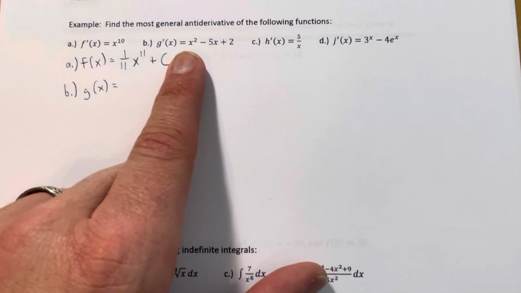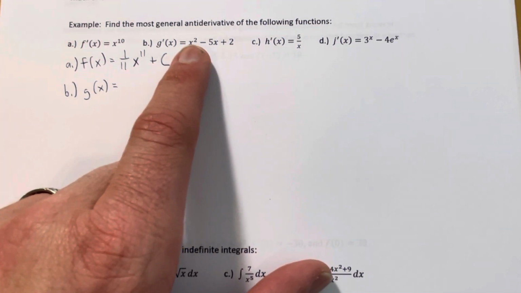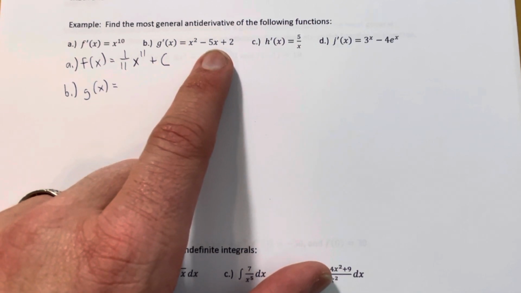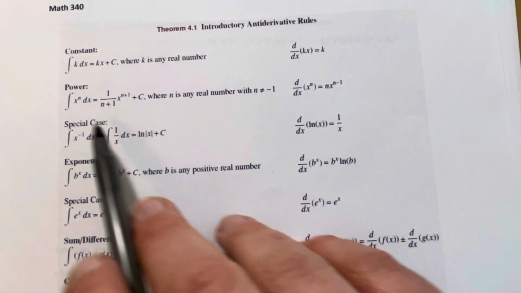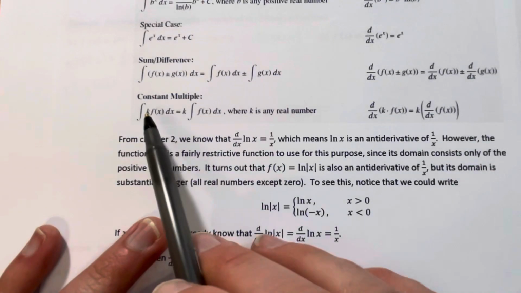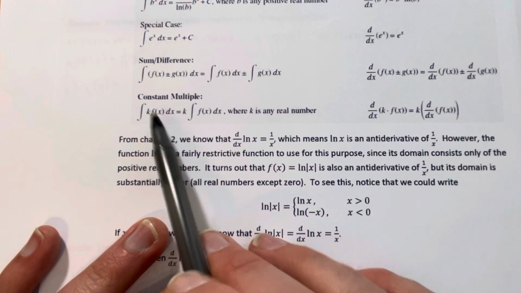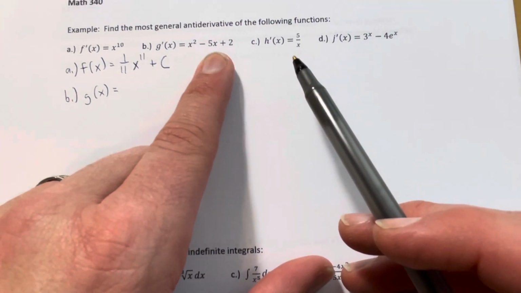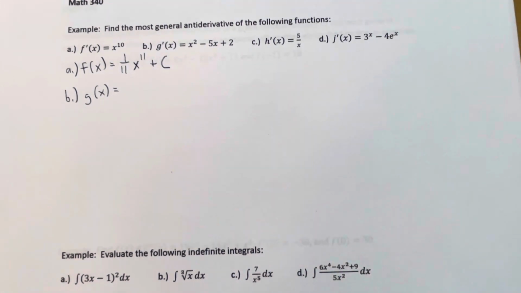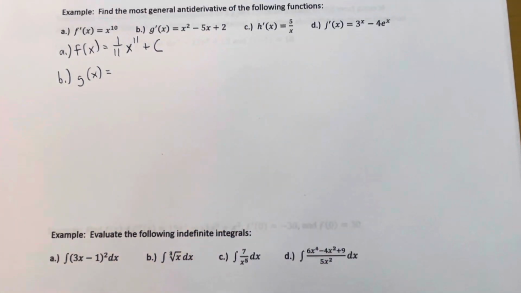I see a power function, x squared. I see a constant multiple, so k times a function of x. Here it looks like -5 times x, and then I have a constant function. We had a rule for that as well. And I'm combining them with addition and subtraction, which we had a rule for as well.